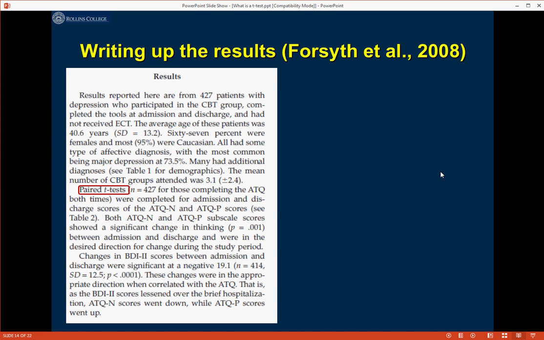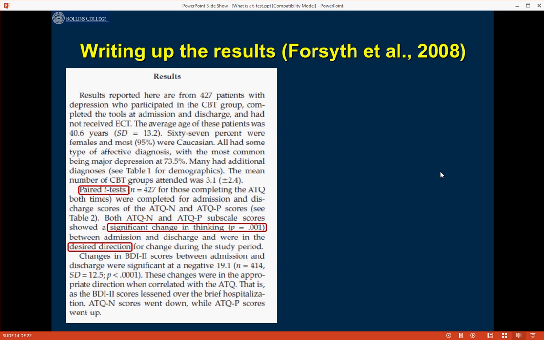But before I do that, let's go back and review what it would mean to do a pre-post t-test, that's a dependent t-test. The analysis they're doing using a dependent t-test looks kind of like this. Let's imagine we have participants A, B, C, D. We gave them the ATQ on a pre-test, and patient A got a score of 22, patient B, a score of 34, patient C, a score of 43.